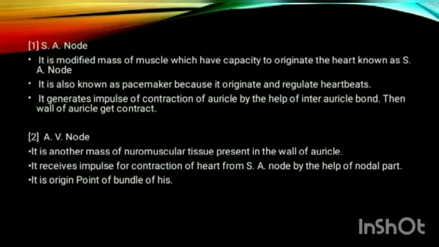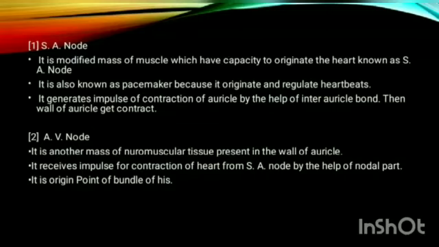Second, AV node. It is another mass of neuromuscular tissue present in the wall of auricle. It receives impulses for contraction of heart from SA node by the help of nodal part. It is origin point of bundle of His.